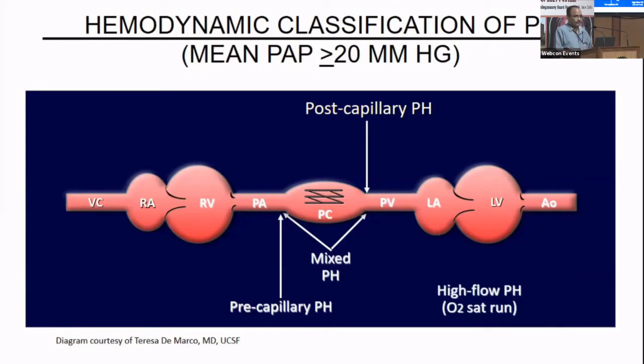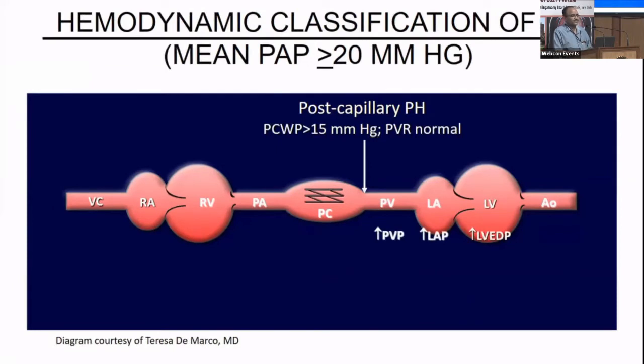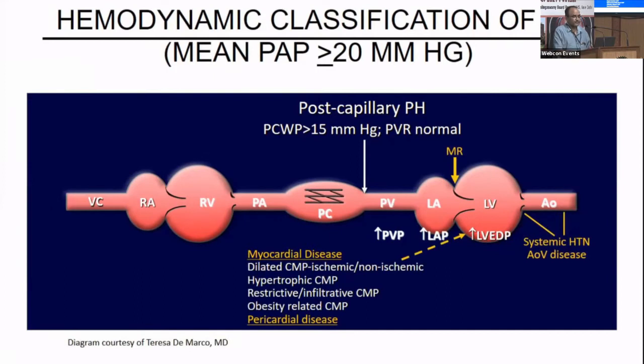So when we talk of left heart disease, we really are talking of conditions where the most common way we have hypertension is because the left ventricular end diastolic pressure rises, so the left atrial pressure rises, and then we have pulmonary venous hypertension. These are the important causes that have been highlighted here.